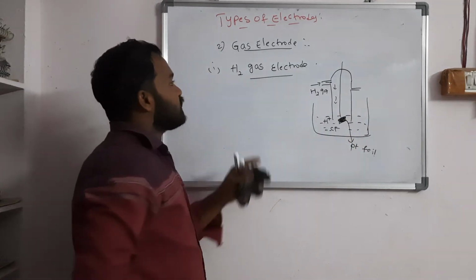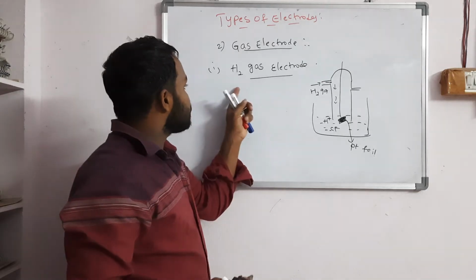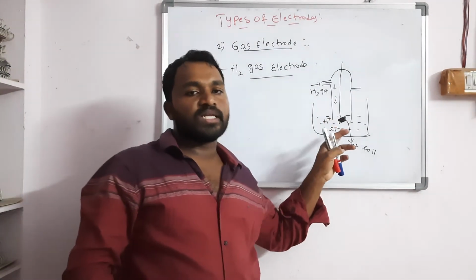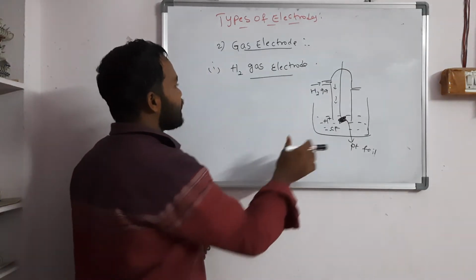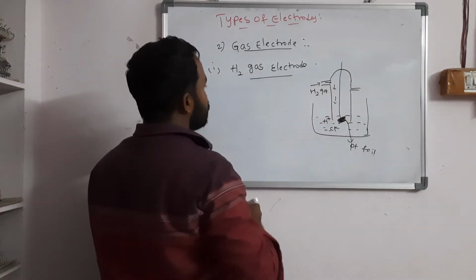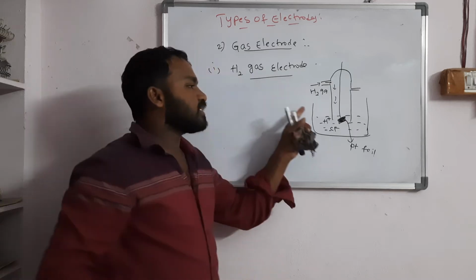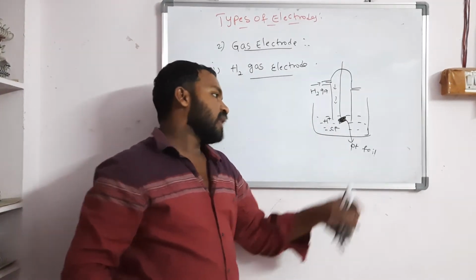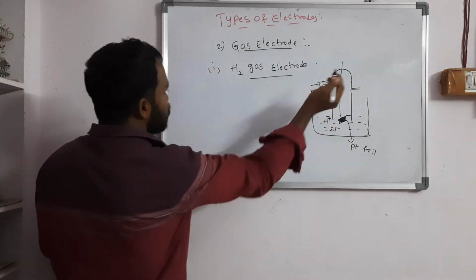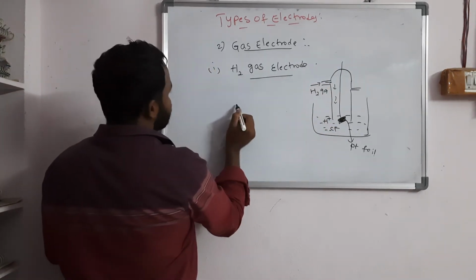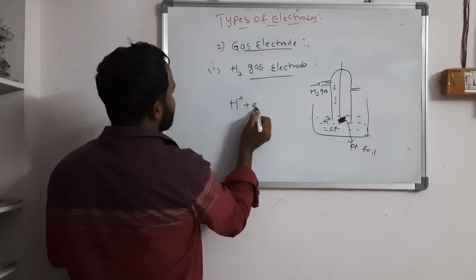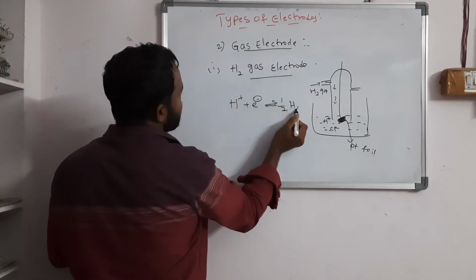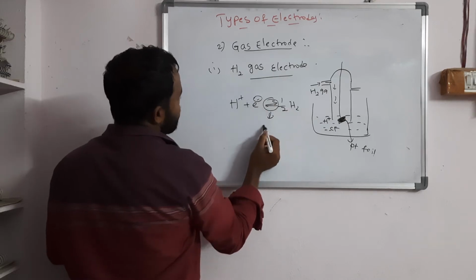In this hydrogen gas electrode, hydrogen gas is bubbled through the HCl solution, while the contacting electrode is a platinum electrode. You should write this point. Next, H plus by gain of an electron is converted into half H2, because it is a reversible electrode.